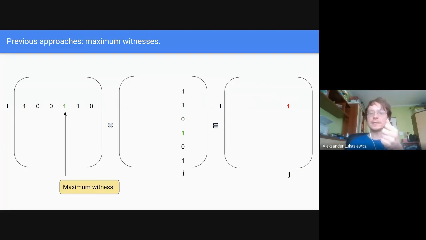We call it a witness, but the rightmost one we call a maximum witness. Actually, we can say that the index of this rightmost one is the maximum witness for the resulting entry in the resulting matrix. Is it clear? Because I think that I might have confused you here.